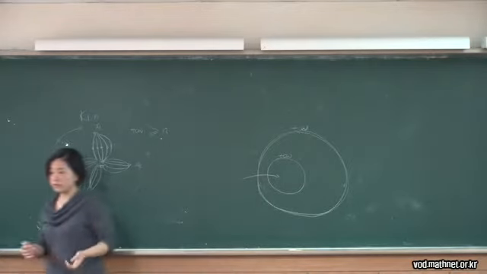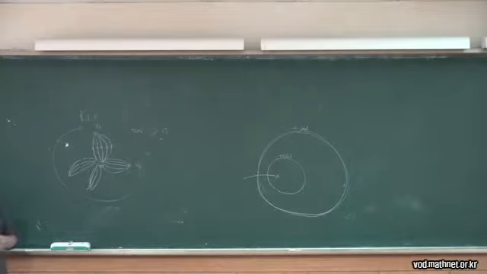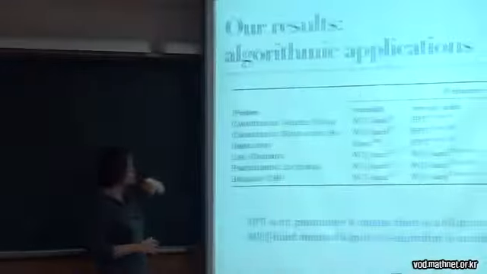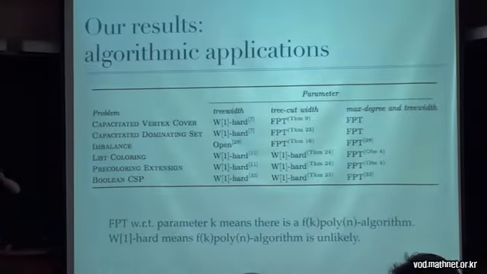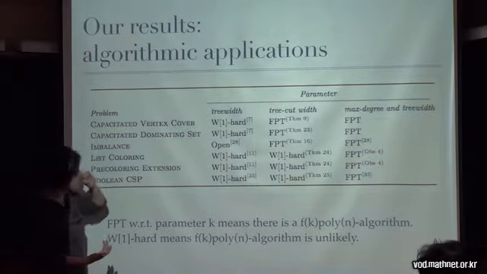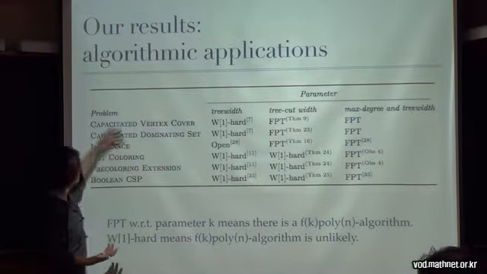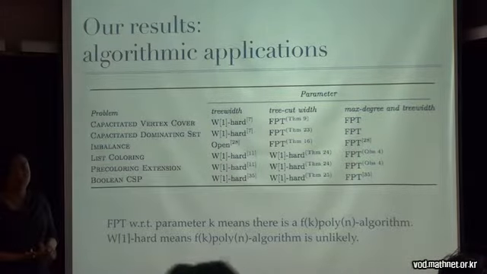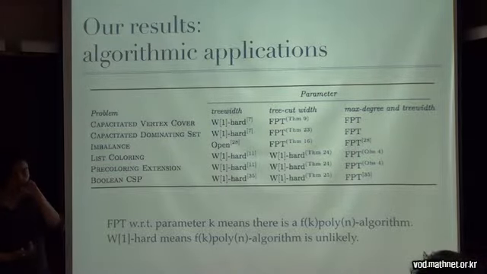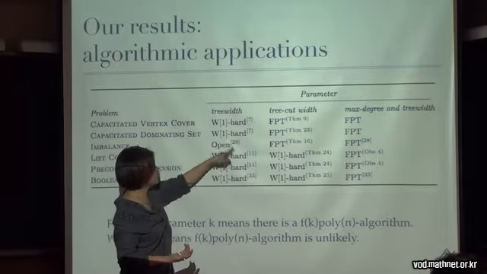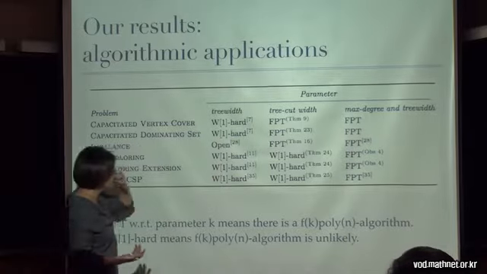So that's what we actually look at. These are a list of problems. We know that there are many problems which are hard in general, but become tractable when the tree width is small. But these are examples which are still intractable on small tree width graphs. You don't need to understand what the blue one means.